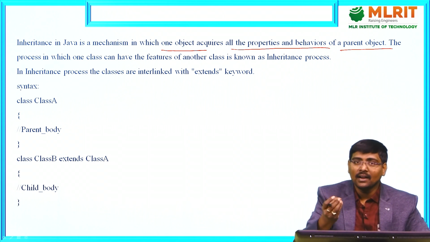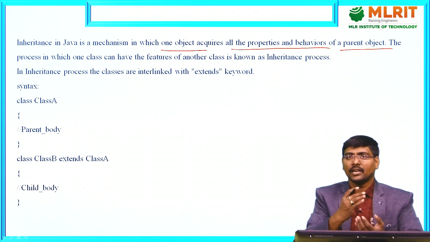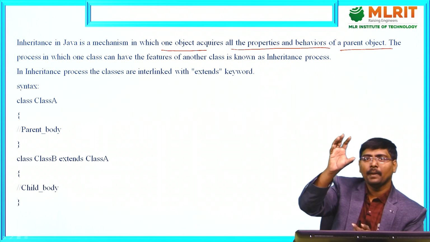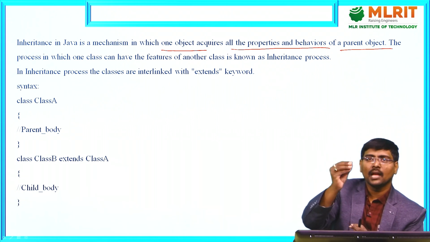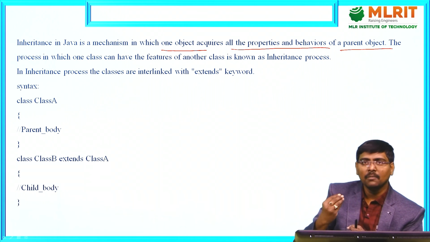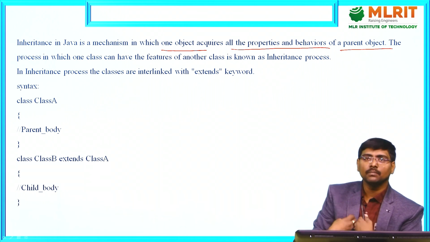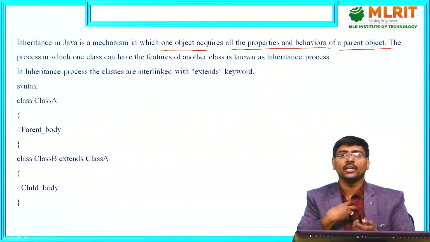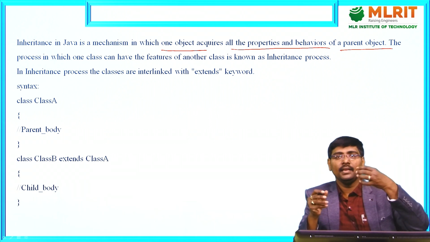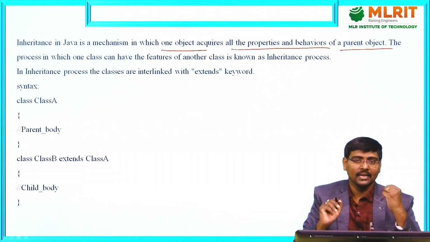All the properties and behaviors from the parent object, that is called inheritance. That means simply my parent has some property. Automatically the property is available to the child class, that is myself. The property of my parent is available to the child. That property is called inheritance.